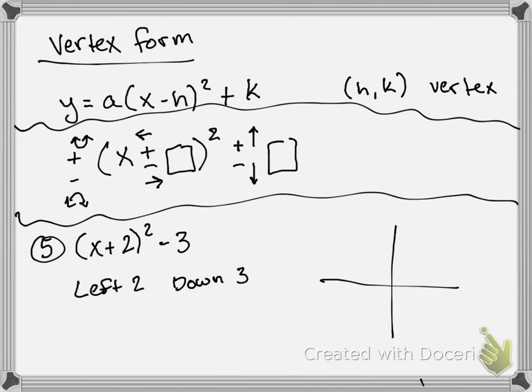So if I start from 0, 0 is always my starting point. I go left 2: 1, 2, to the left. Down 3: 1, 2, 3. This point is the vertex. That point happens to be negative 2, negative 3. So the vertex on this is the point negative 2, negative 3.